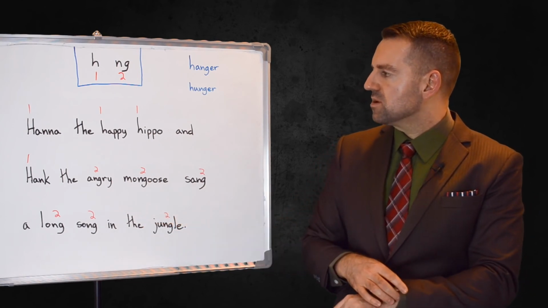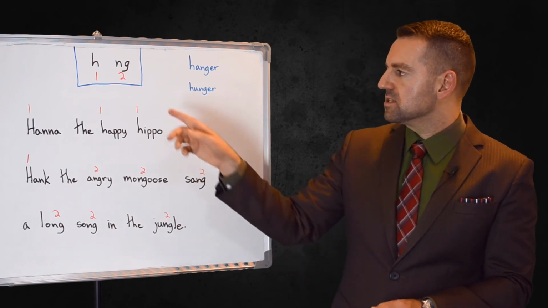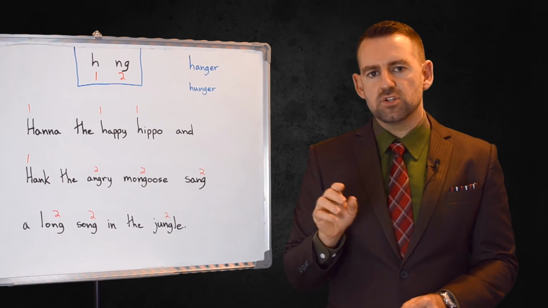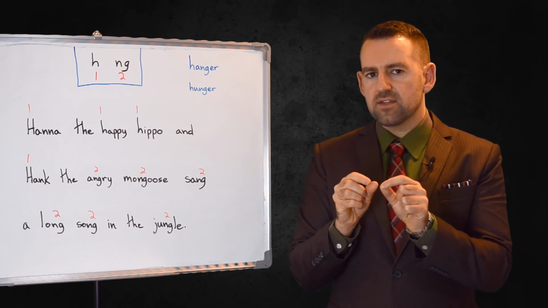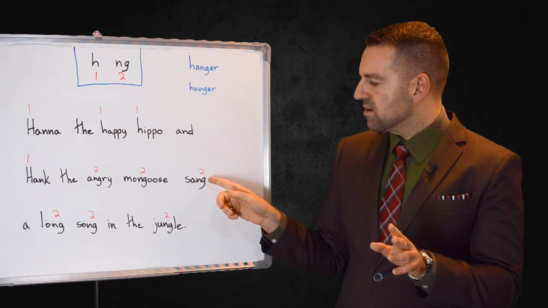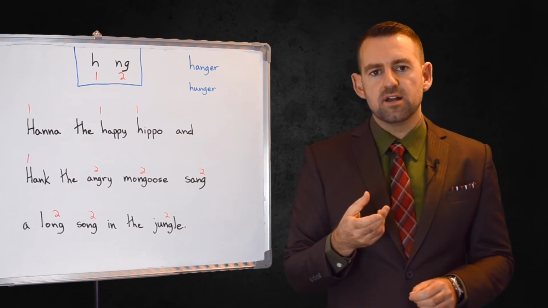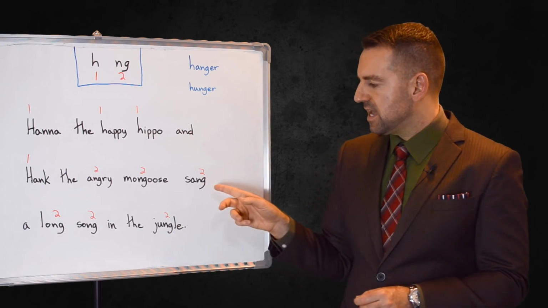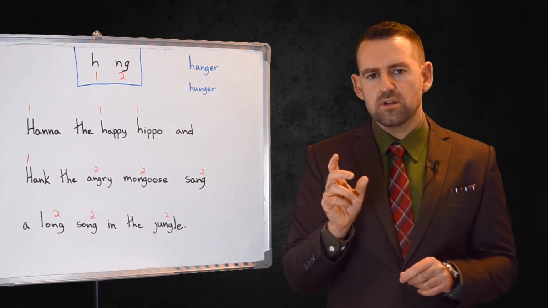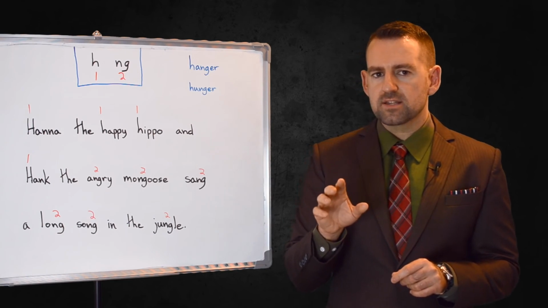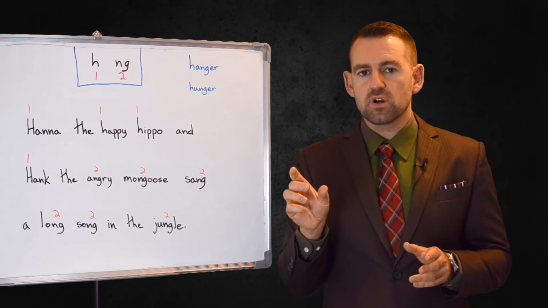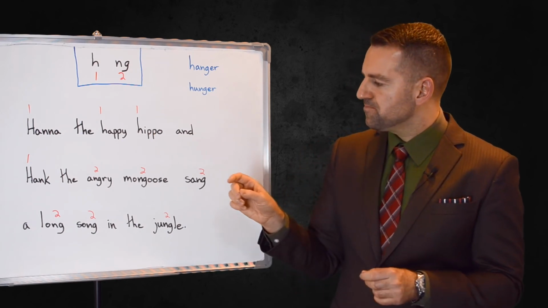Now, one thing I want to mention is that when you see these two letters, NG, together in a word, if it's at the end of the word, it just makes the ng sound, like sang. But if you see them in the middle of a word, it usually makes the ng sound and an extra g sound, okay?